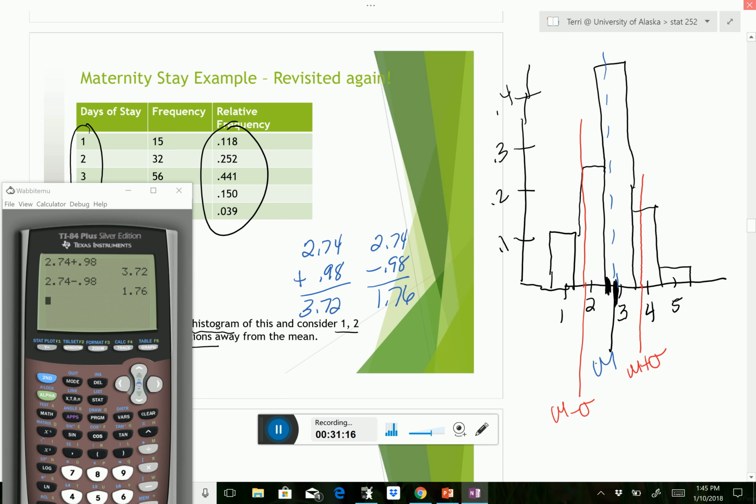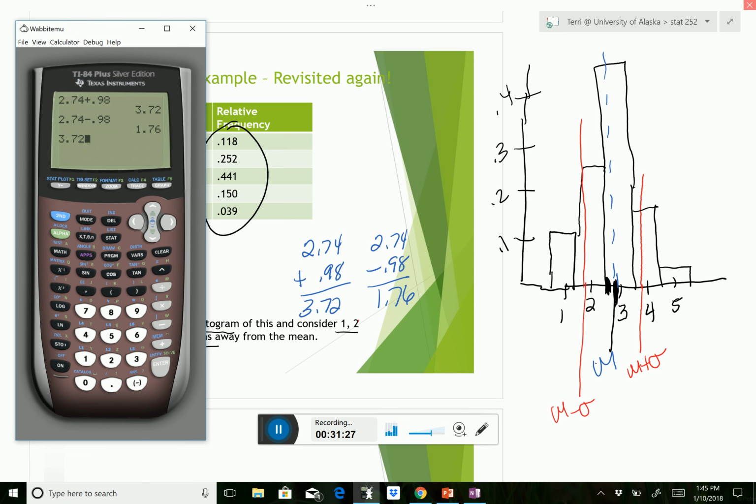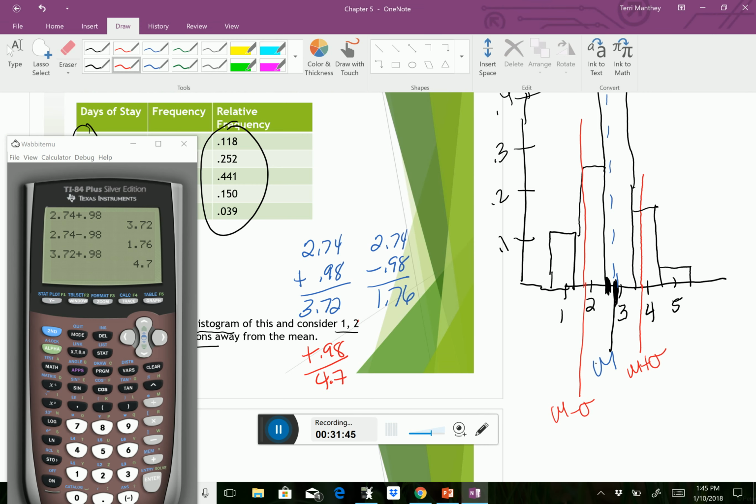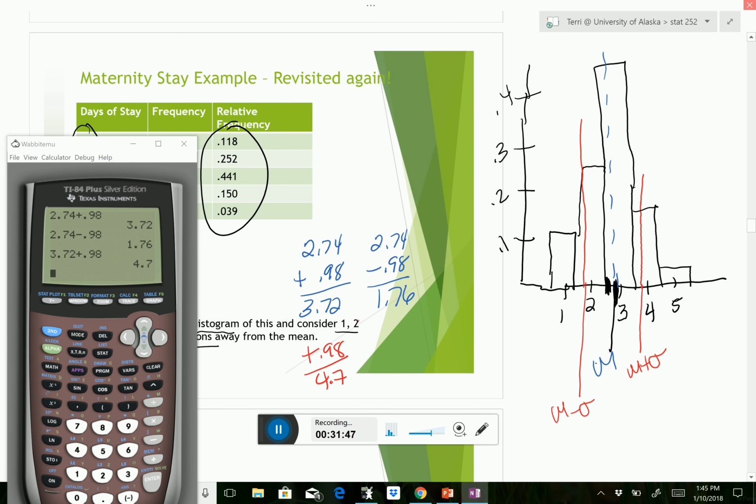So now we want to go up again. We want to go 2 standard deviations away. So we're going to take these numbers and we're going to add another 0.98. And we get 4.7. So let's change to another color. Look at green for 2 standard deviations away.